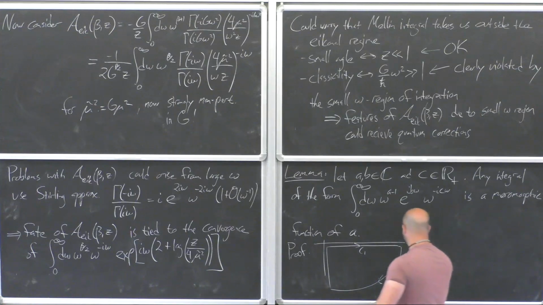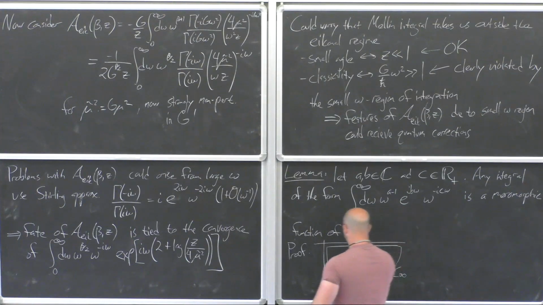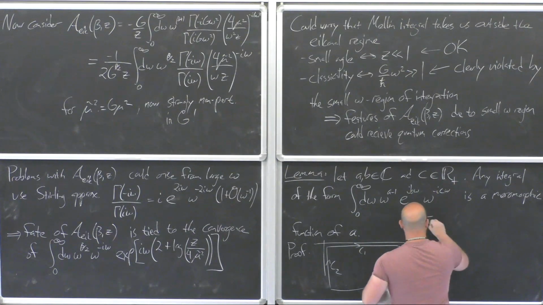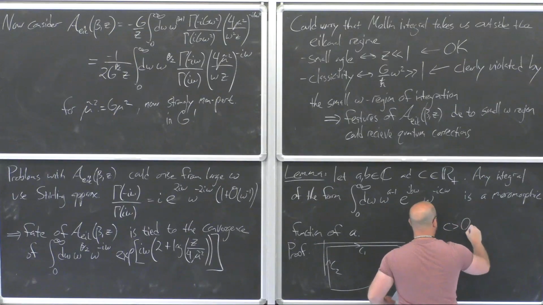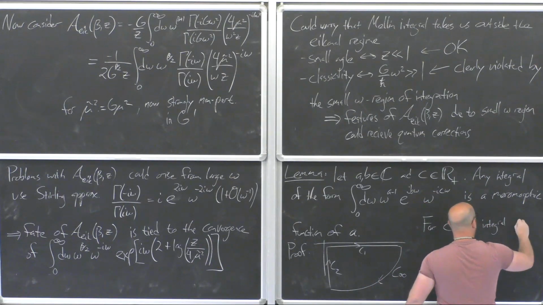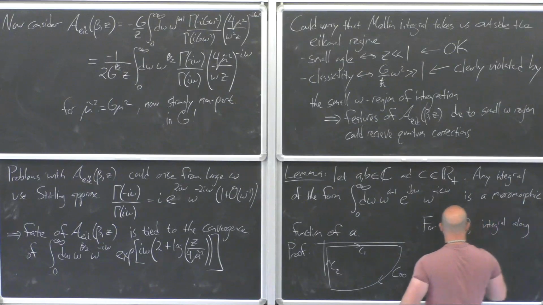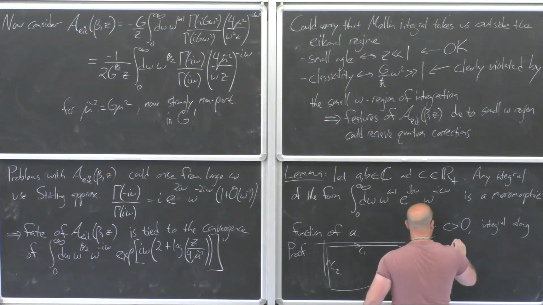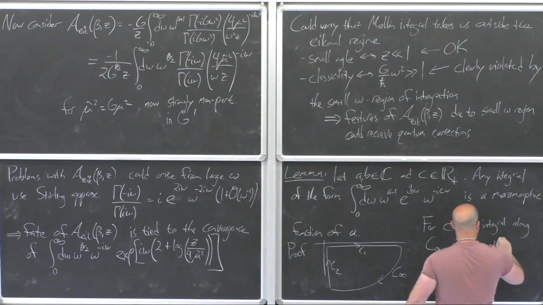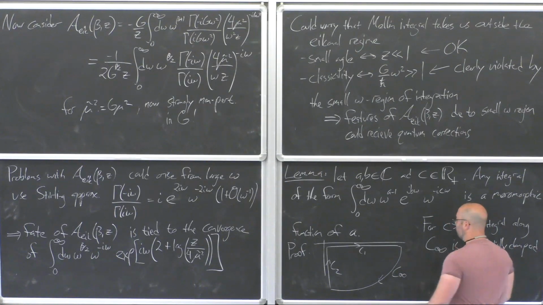Then there's some bit at infinity, and then some bit coming up the negative imaginary axis. For c greater than 0, the integral along this contour at infinity is exponentially damped. So you can throw it away.